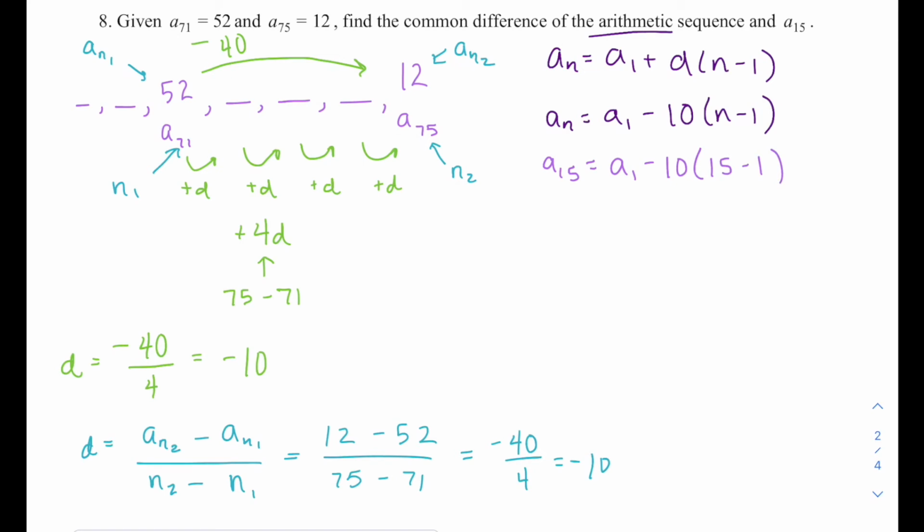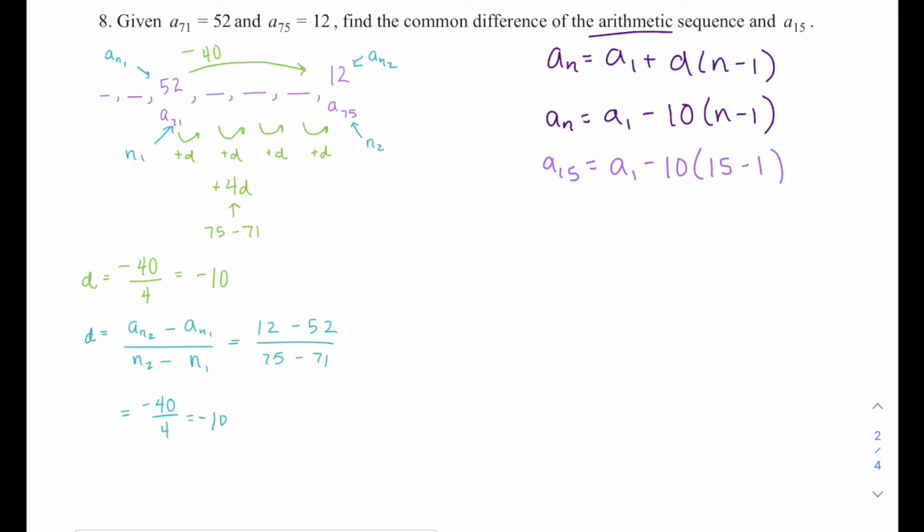I have a missing value. I can't calculate A15 until I have A1. What am I going to do to find that A1? I need to use one of the points I'm given. It doesn't matter which one, because both of those are input and output pairs.